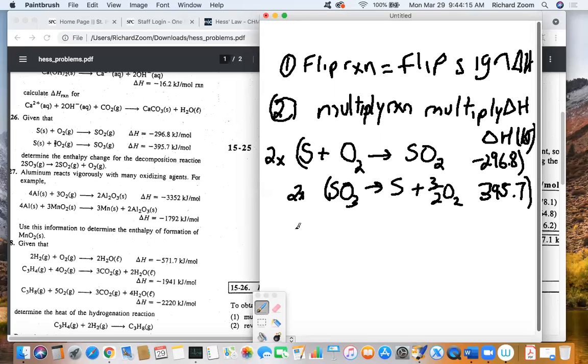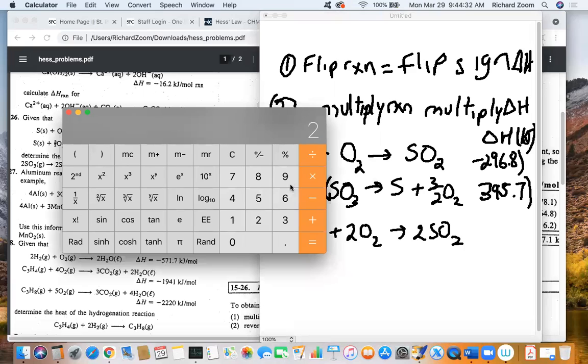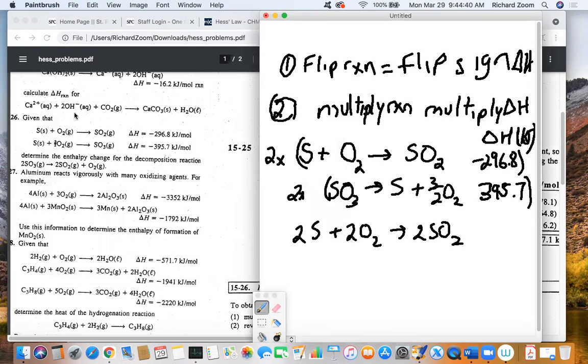So I end up getting 2S plus 2O2 gives 2SO2, and then negative 593.6. See, it retains its sign. I know I didn't put it in the calculator, but it doesn't really matter.